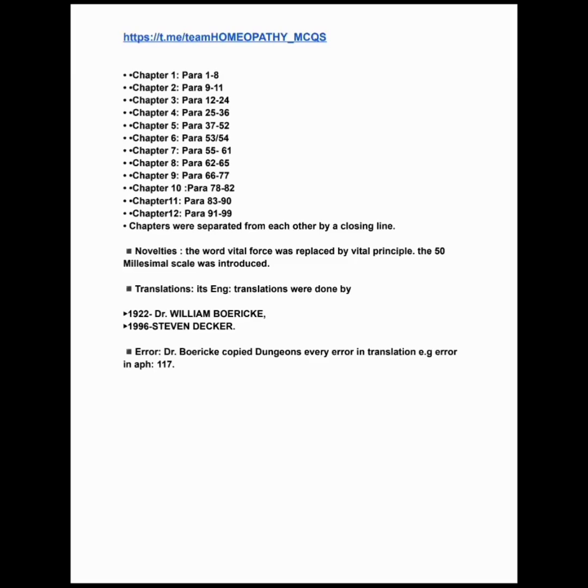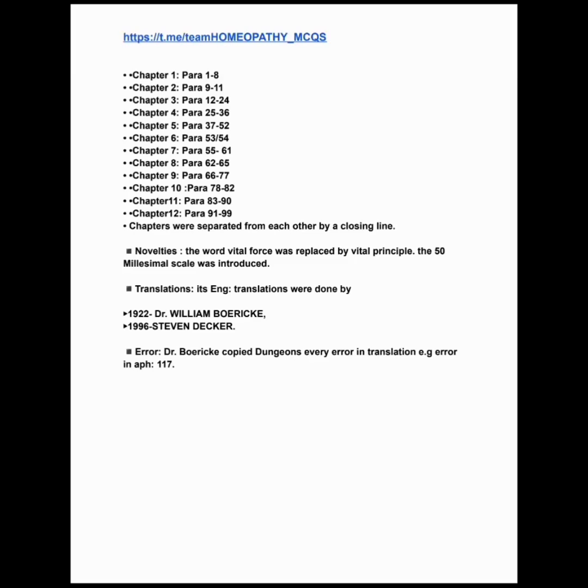Dr. Boericke copied Dudgeon's every error in translation. Example errors in aphorism 117. तो इस एडिशन की जो एरर है वो ये है कि डॉक्टर बोरिक ने डुर्गन्स का जो ट्रांसलेशन था उसको पूरा का पूरा कॉपी किया है. तो ये हमने अभी आपको बताए हैं.